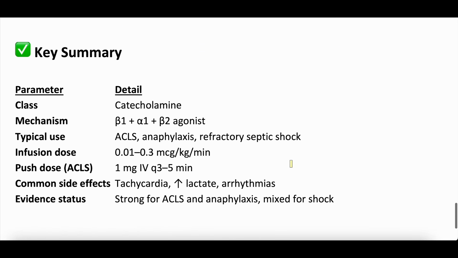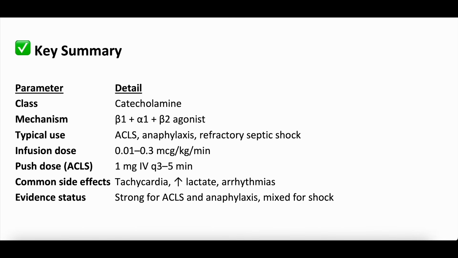So if we were to summarize epinephrine, epinephrine is a catecholamine vasopressor. It works on beta 1 receptors in the heart, alpha 1 receptors in the blood vessels, and beta 2 receptors in the lungs. Its typical use is first line in ACLS for cardiac arrest, first line in anaphylaxis, and then second or third line in refractory septic shock. The usual infusion dose for something like septic shock, you're starting at 0.01 to 0.05 micrograms per kilogram per minute.